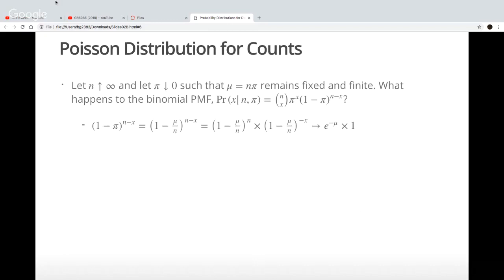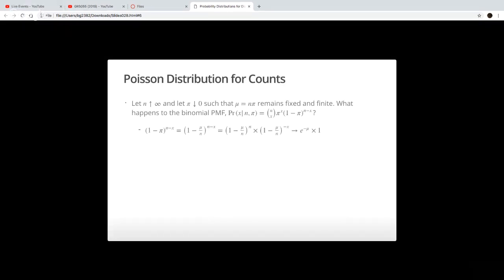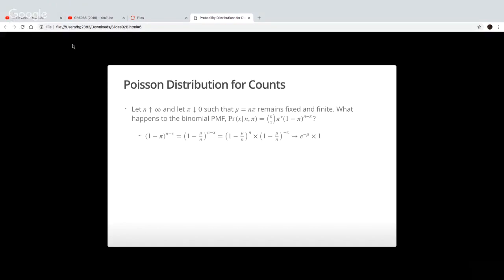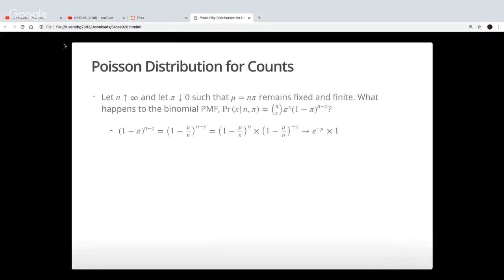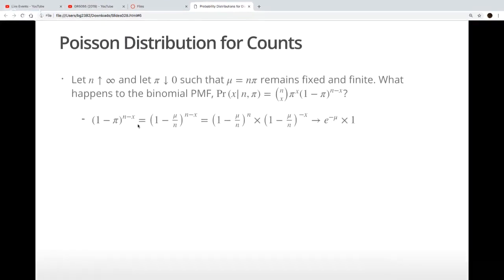The only thing you may not be aware of is that (1 minus mu over n) raised to the power n, as n goes to infinity, is one of the ways to define or characterize e to the negative mu.